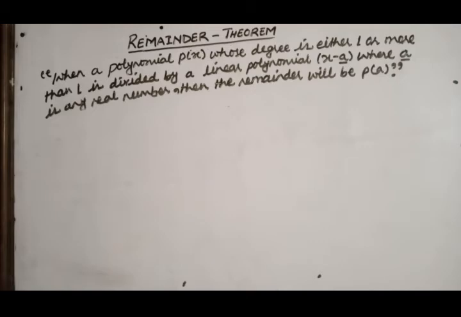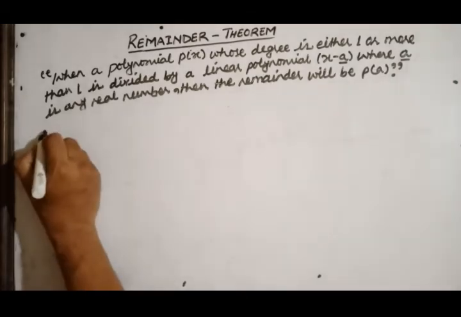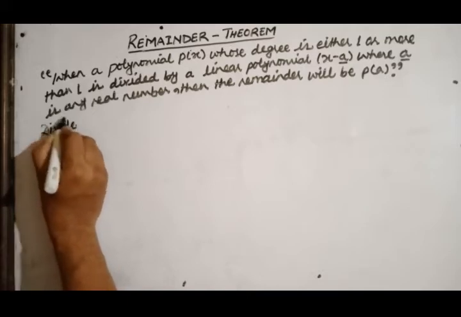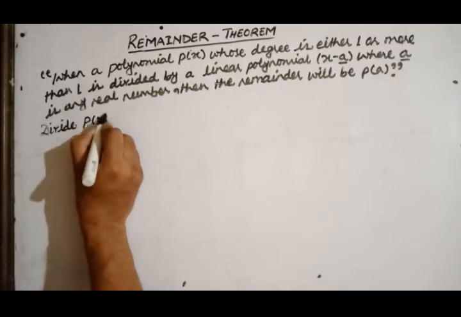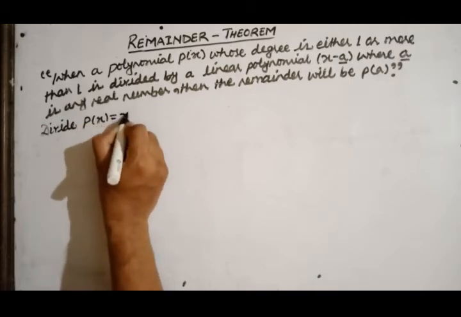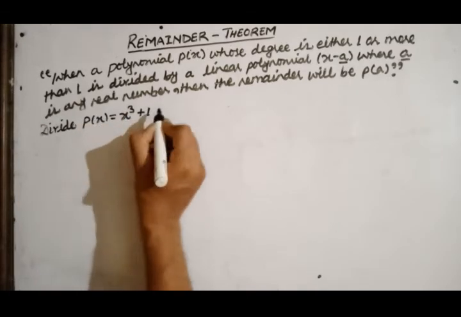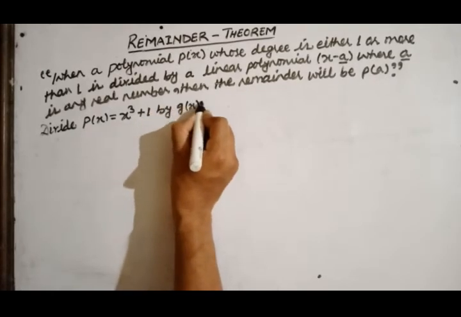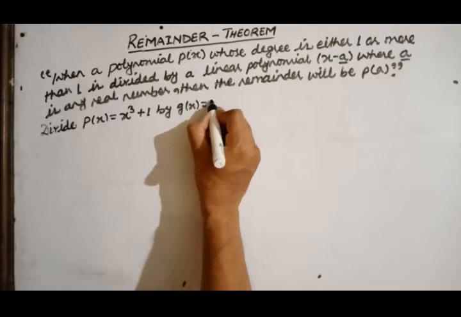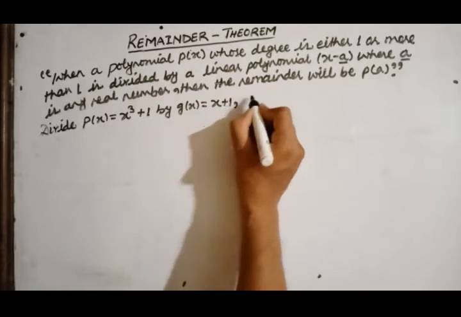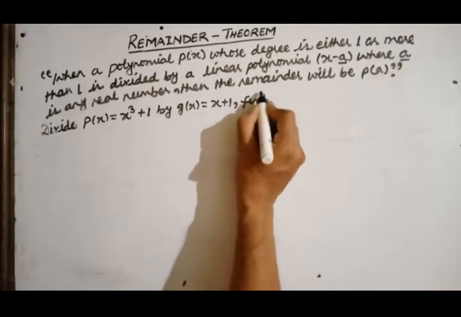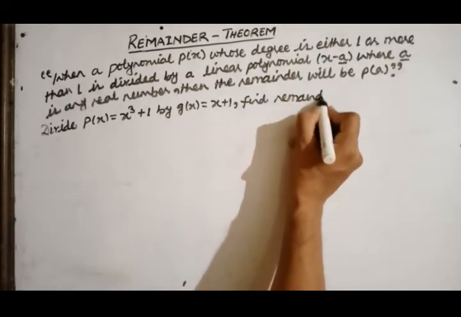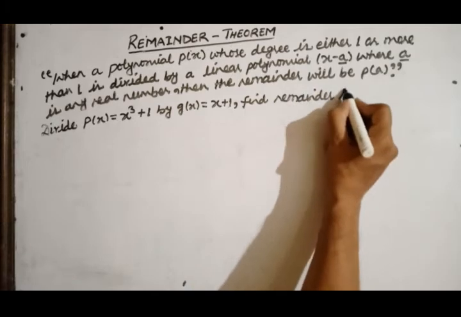For this I am taking an example where we have to divide the polynomial p(x) by the polynomial g(x) and find the remainder R(x).